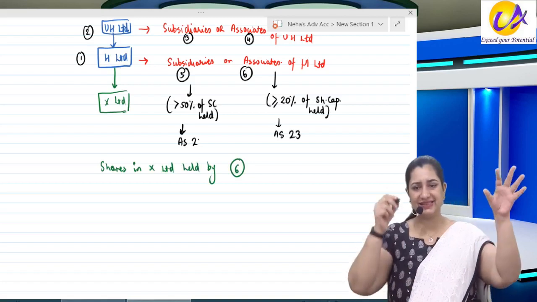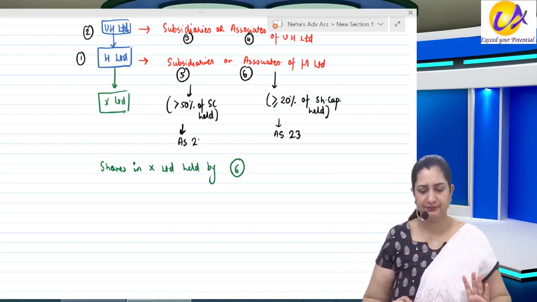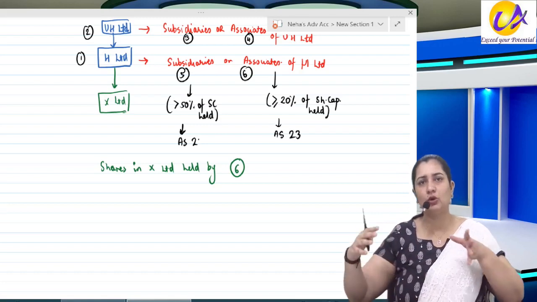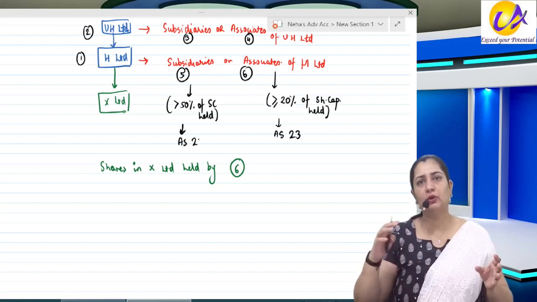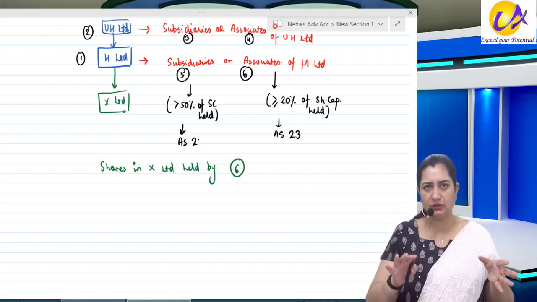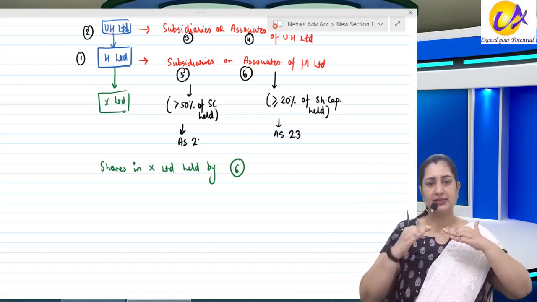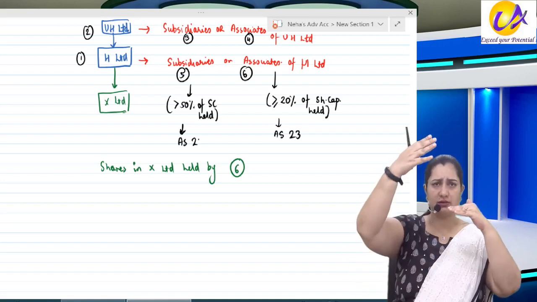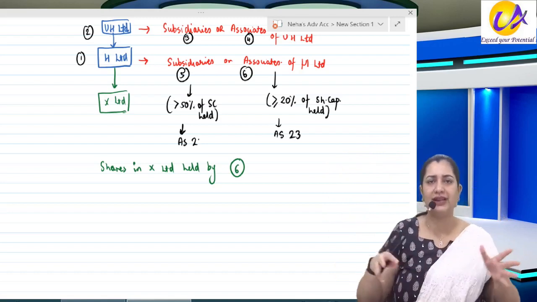You have to give the details. 1, 2, 3, 4, 5, 6. So what is a subsidiary? A subsidiary is where we are holding more than 50%. Who is an associate? Where the company is holding more than 20% but less than 50%, obviously, because more than 50% it becomes a subsidiary. So we are seeing who is holding shares in X Limited: holding, ultimate, or their associates or their subsidiaries. So we need to give that detail.